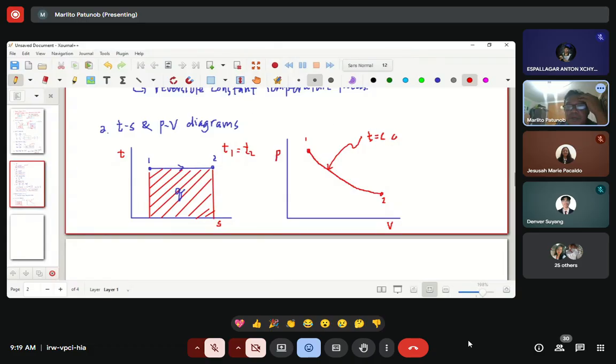When the temperature is held constant, PV is also constant, no? This is the first illustration, and here it is for an ideal gas.